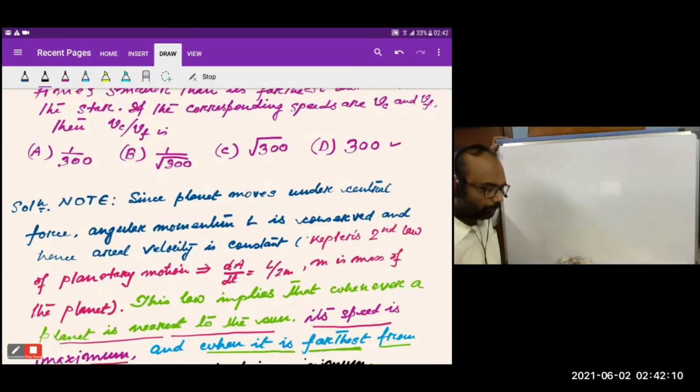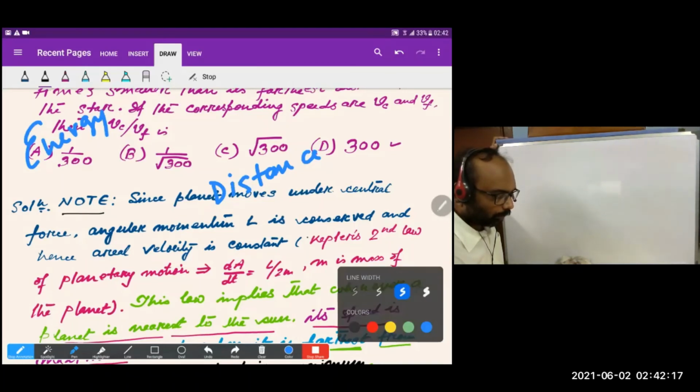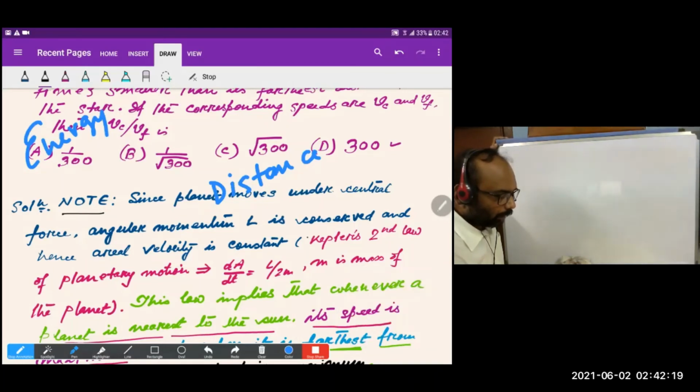So I have put a note. Since the planet moves under central force, which is directed towards the sun, here it is given star, angular momentum L is conserved, and hence the areal velocity is constant.